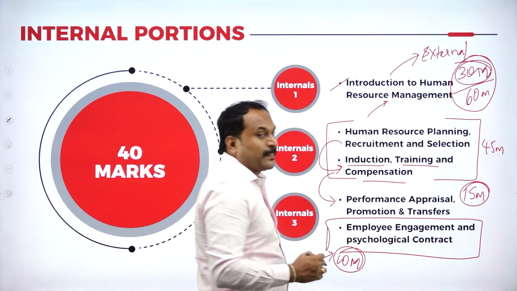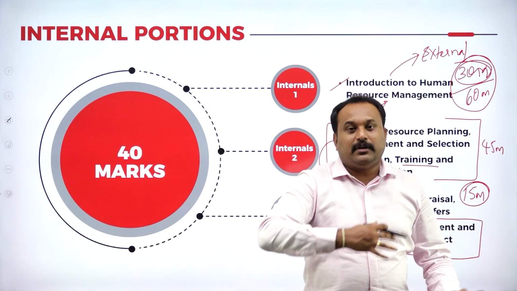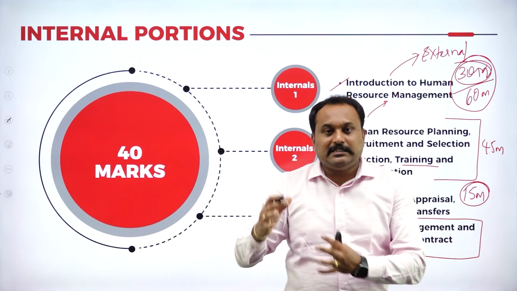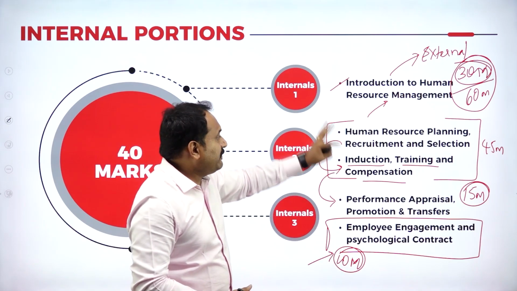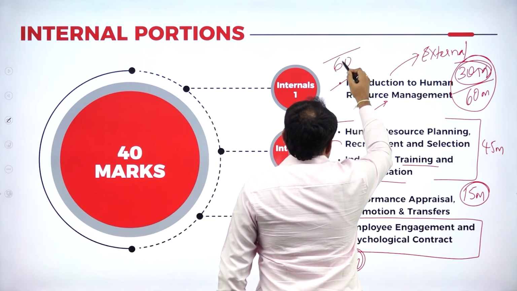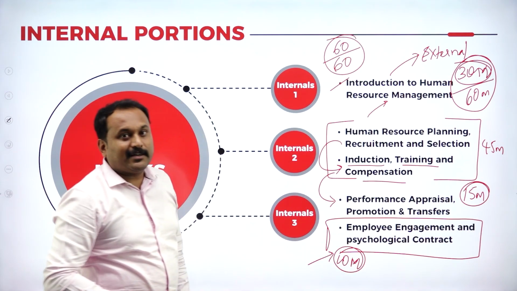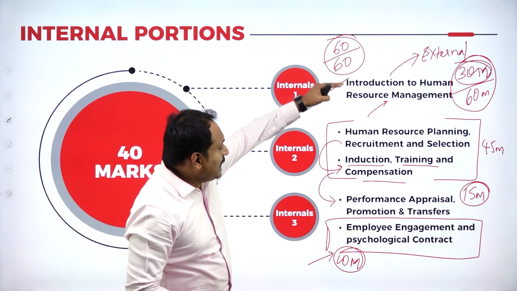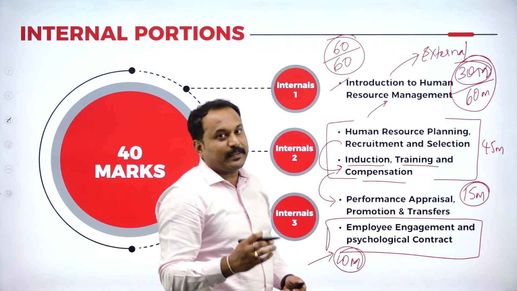So that means options are too much, right? Instead of studying all the chapters, if you just go with any 3 chapters in the entire 5 chapters, you will be getting somewhere 60 on 60. But I don't want you people to go with any 3. I want the entire syllabus. You people need to know what exactly it is.